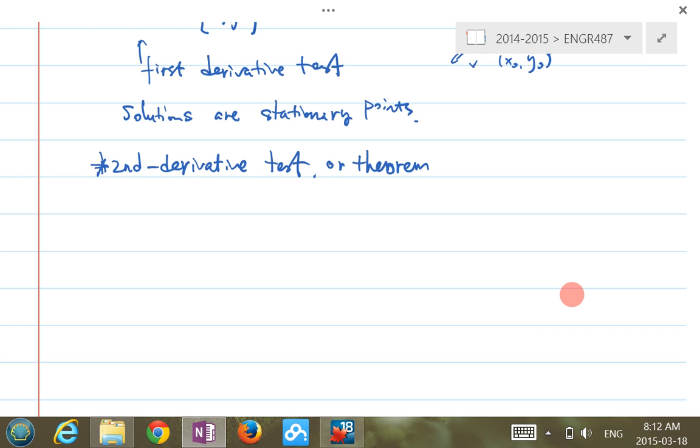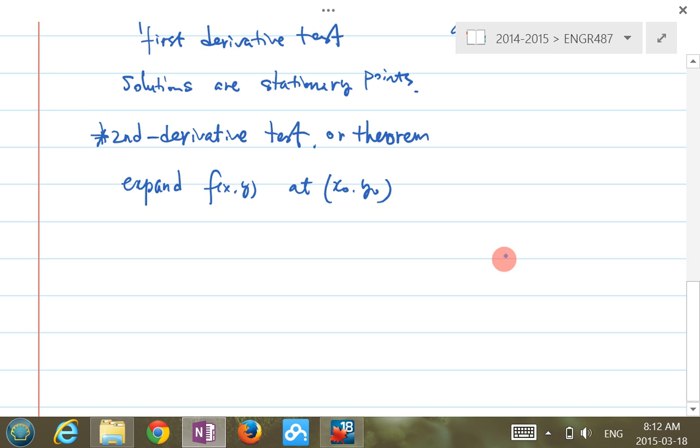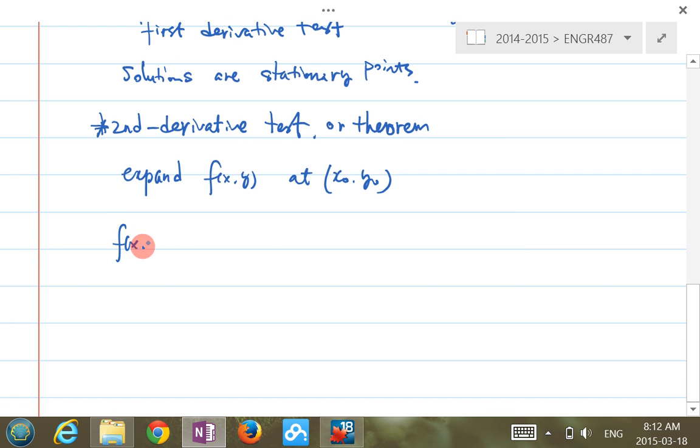So here's the idea. I'm going to expand this function at x0, y0. Take a Taylor series expansion of this function at x0, y0. So what do we get? This is a Taylor series expansion for a multivariable function.